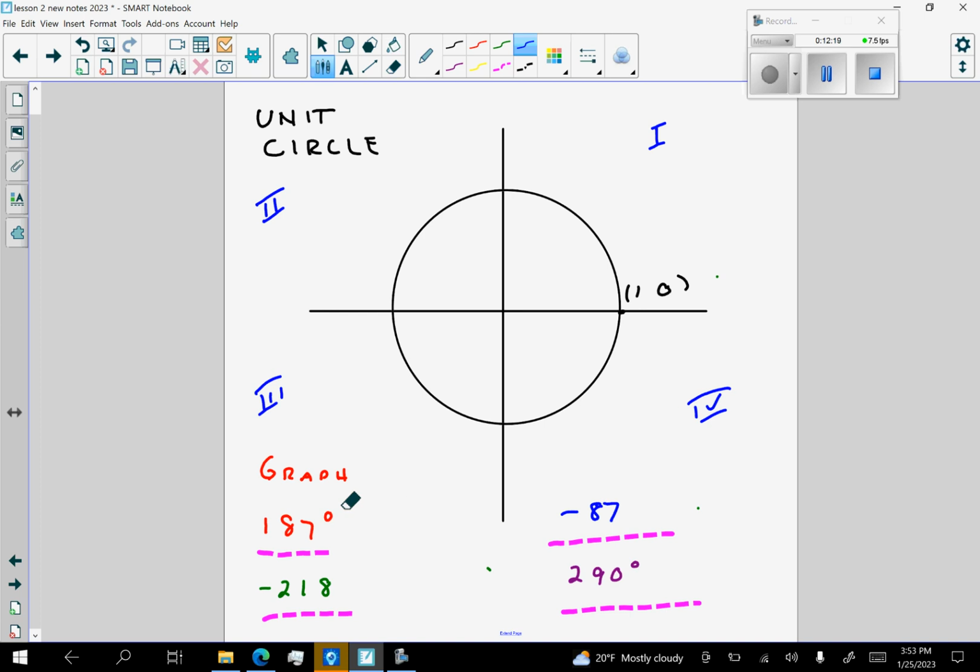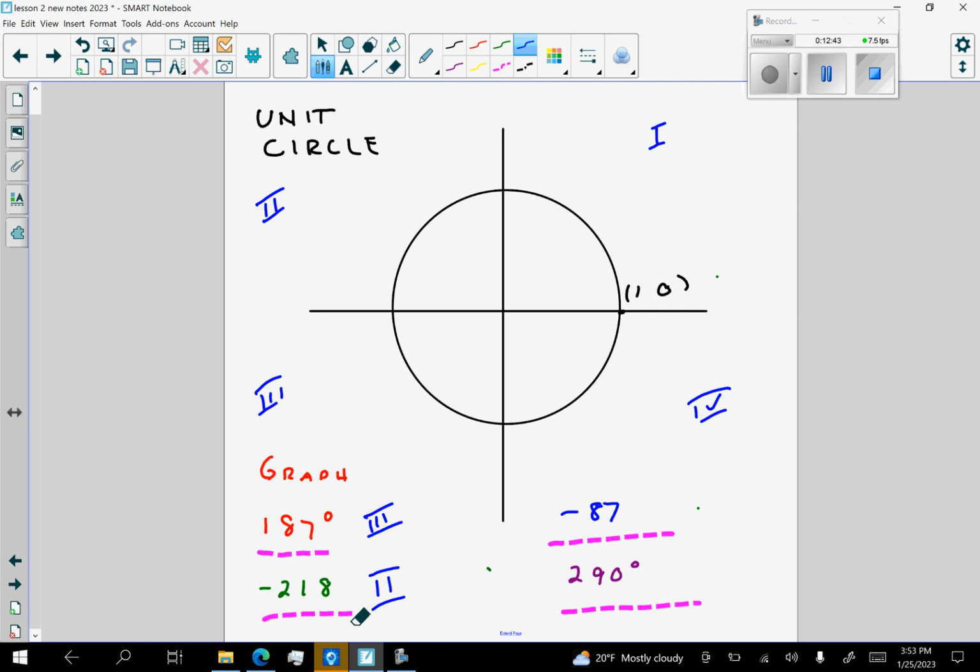Well, 187 is going to be in quadrant 3. Negative 218: I have negative 90, negative 180, negative 270. This is going to be in quadrant 2.